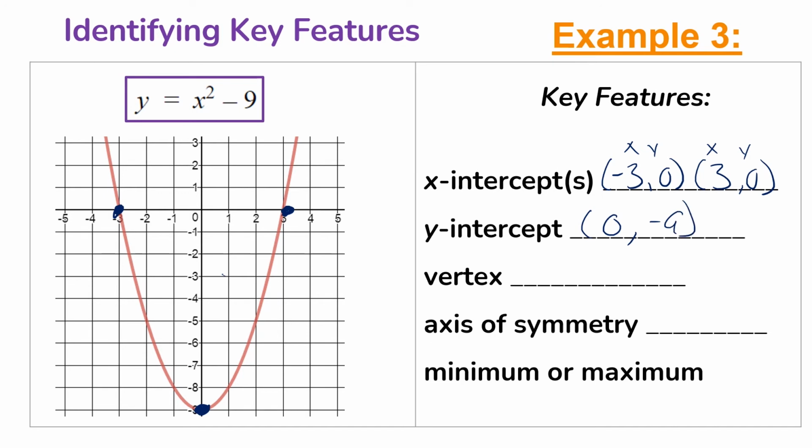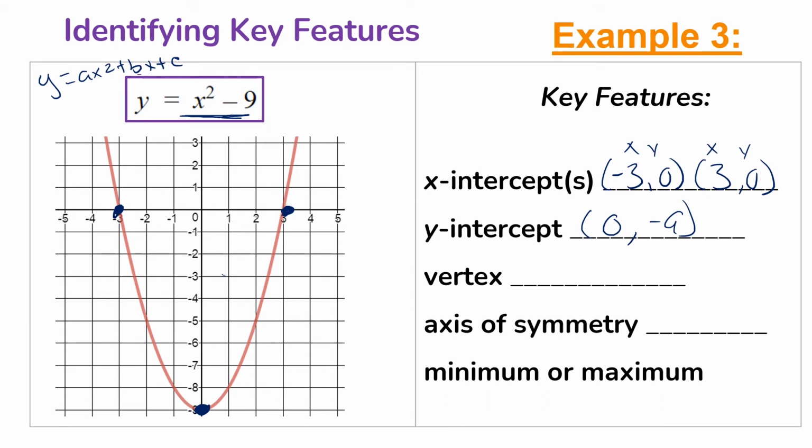And do you remember how we find the y-intercept from an equation? Well, the y-intercept will actually be c from your equation. This is in standard form. We don't have an x term. Remember, this is standard form, ax squared plus bx plus c. But you don't have to have an x term.